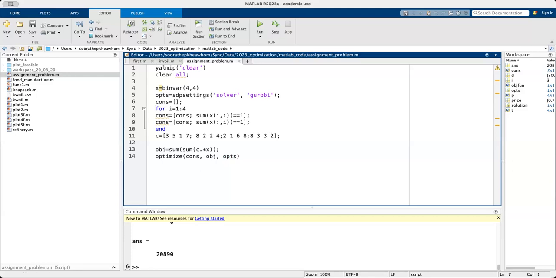Then start by setting the constraints. We follow this constraint for job and constraint for employee. And the last one, this C is a matrix of the hours, the time required to complete each job.